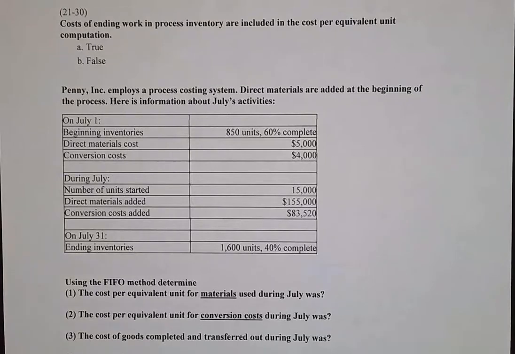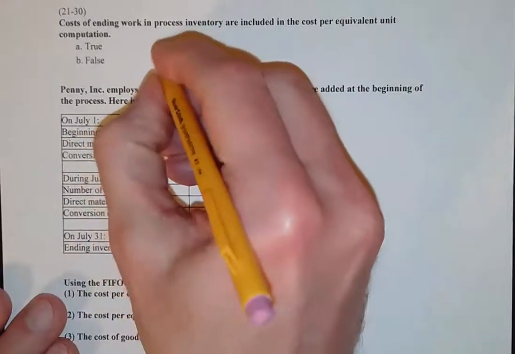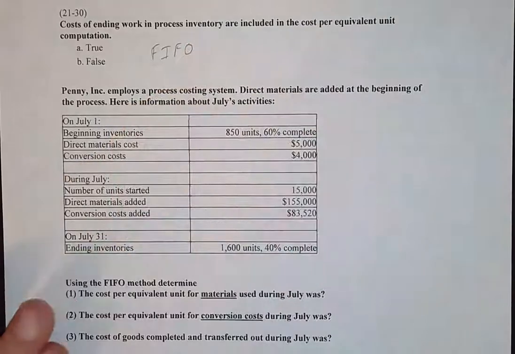It says costs of ending work in process inventory are included in the cost per equivalent unit computation. And so if we think about this, when we're talking about the first in, first out process costing method, we're going to break these costs down, as we have been, into materials costs and conversion costs. In a lot of examples, we have materials that are added at the beginning of the process.